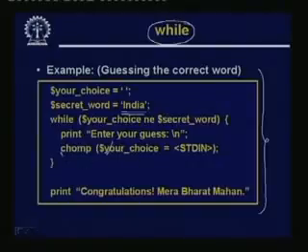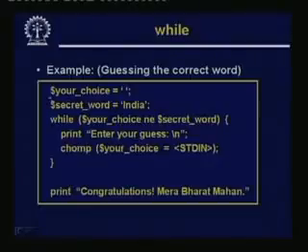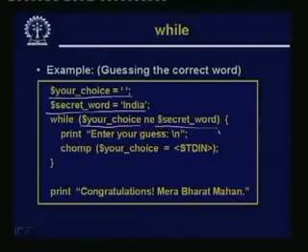So, let us see. First is that the choice that the user enters is initially set to null, and the secret word is India. There is a while statement, while your choice not equal to secret word. For the first time it will obviously not be equal, because one is null, other than India.